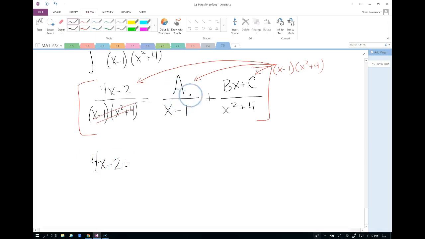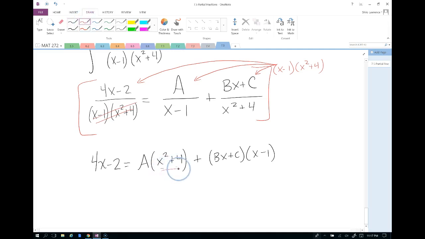In our a fraction, the x minus 1's cancel, so we're left with a times x squared plus 4. And then in that last fraction, the x squared plus 4's cancel, so we're left with bx plus c times x minus 1.